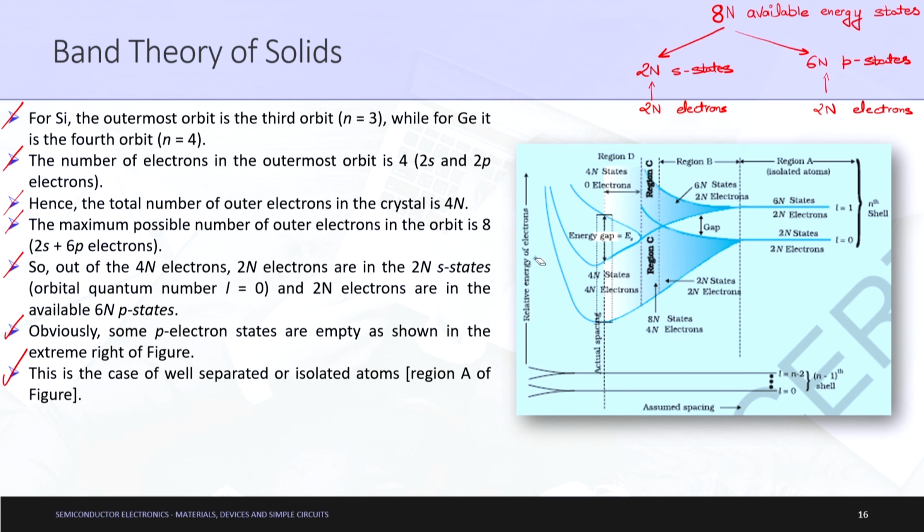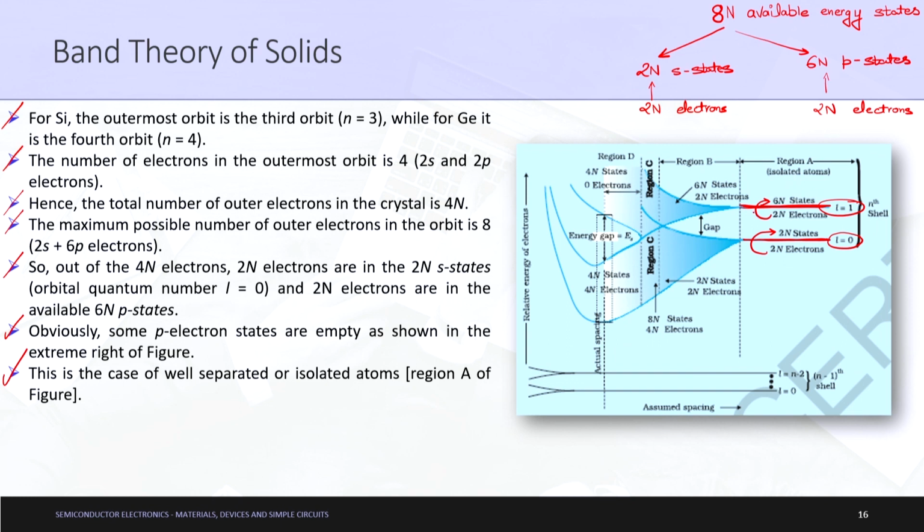Okay. So, what was happening here, as you can see, there is one state here denoted by L is equal to 0, and there is one state here denoted by L is equal to 1, for which 2n electrons are residing here and 2n electrons are residing in the 6n states. Because these are isolated atoms, we are calling it discrete.